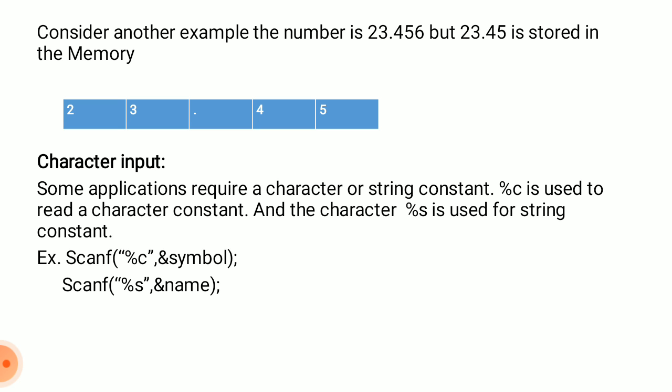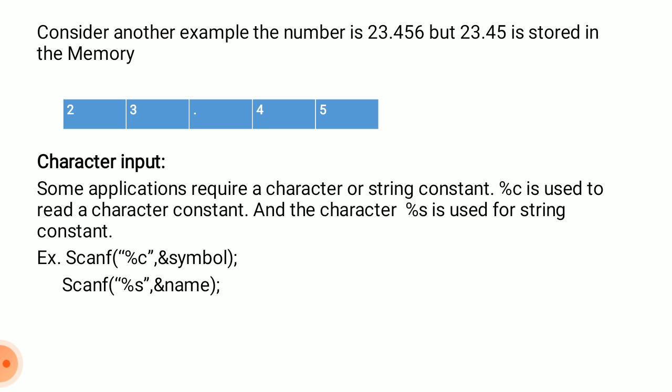Then character input. Some applications require a character or string constant. To read a character constant, we use %c. The control string %c is used to read a character constant, and %s is used for a string constant. If you want to read only a single character, then we specify %c.